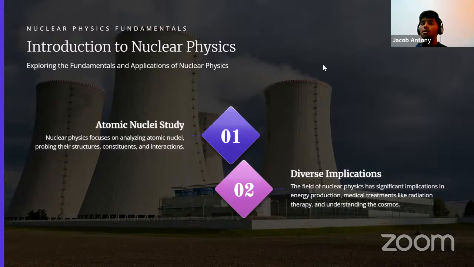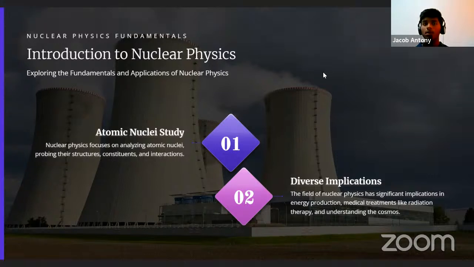Today I am going to talk about a segment of physics, which is nuclear physics, and it is right now a very important developing energy. Nuclear physics focuses on investigating the composition, characteristics, and actions of atomic nuclei and the fundamental forces and interactions within the nuclei.